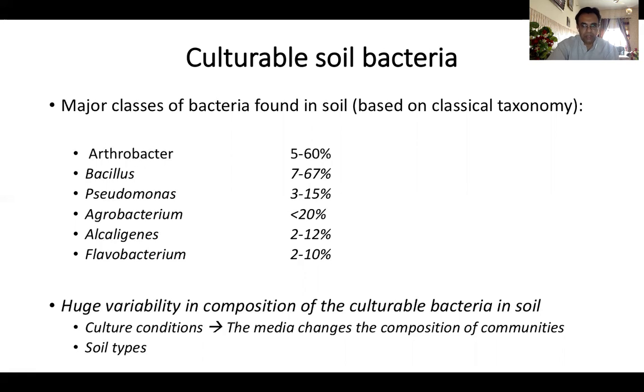So soil type is also an important factor because it determines the type of nutrition available to the bacteria, and it also determines the amount of moisture that may be available in the environment. So all these factors affect the type of bacteria that are viable in those conditions.